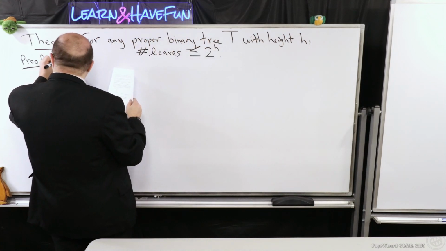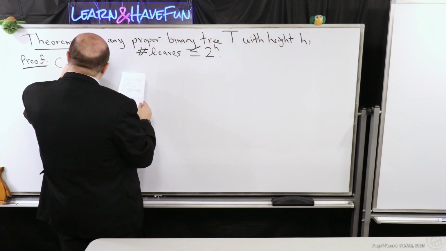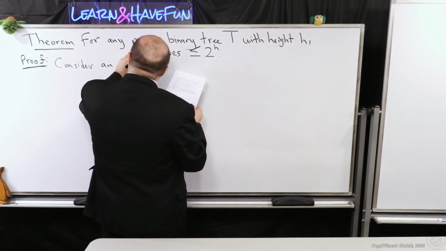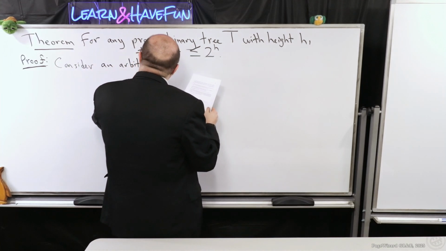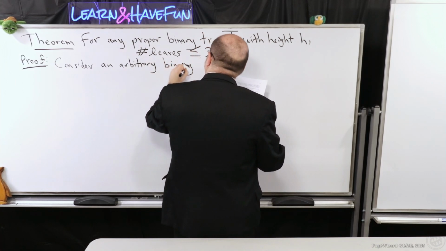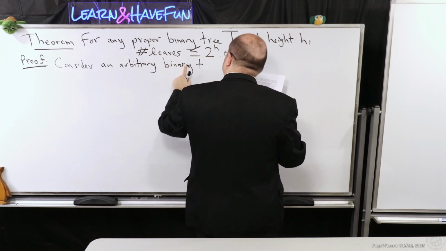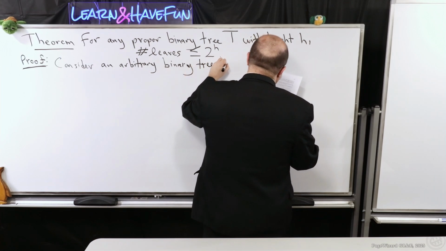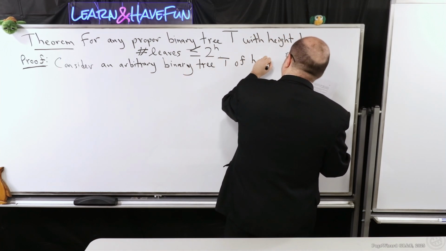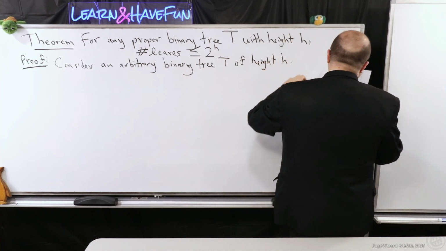So we got to start where we usually do. We consider an arbitrary binary tree. This is binary tree T of height h.